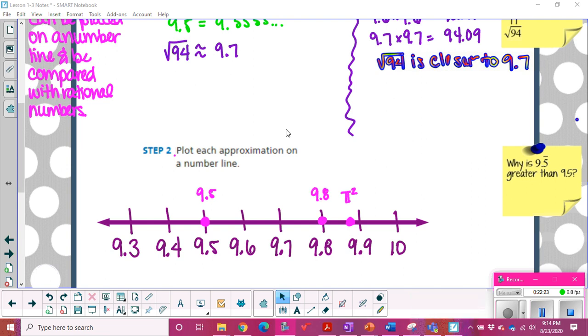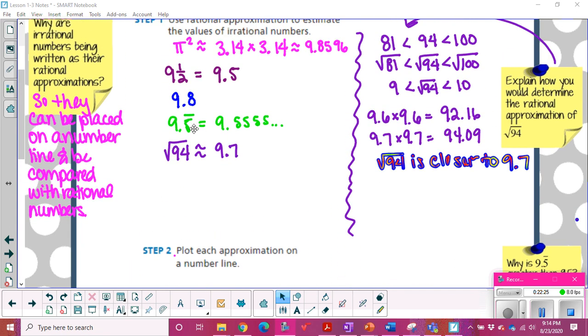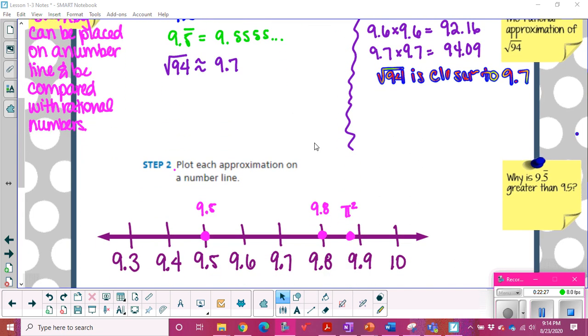Okay, now let's talk about the next one, 9.5 repeating. I already have a 9.5, so where will 9.5 repeating go? It's going to go about right here. And so here's my question: why is 9.5 repeating greater than 9.5?